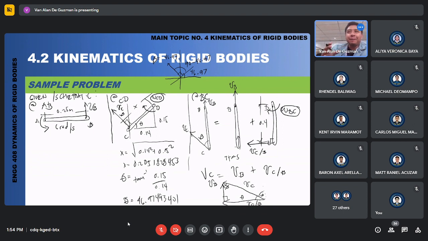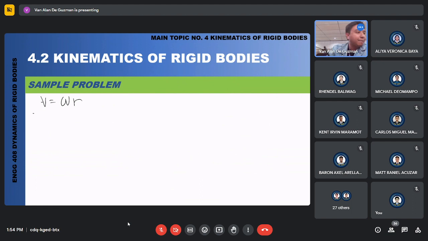So, paano natin makukuha itong dalawang ito? Punta tayo dito sa V sub B. Kasi yung V sub B makukuha natin readily at AB. Diba meron tayong velocity ng AB. Linear velocity yan, sorry. We have VB.